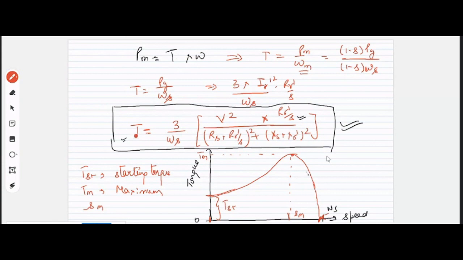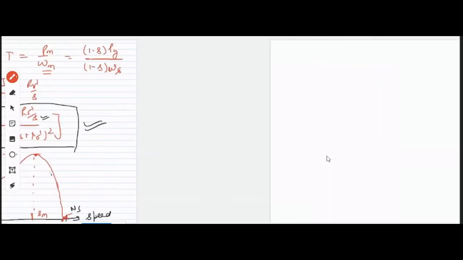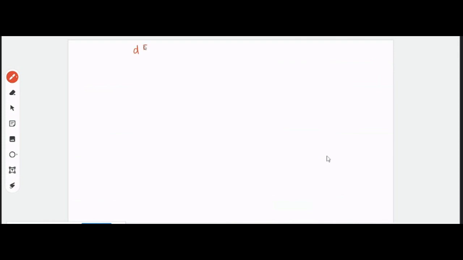See, this torque expression can be differentiated with respect to S, right? And can be equated to 0. So if we differentiate this expression and we equate it to 0, we'll get the value of that slip at which the torque will be maximum, right?